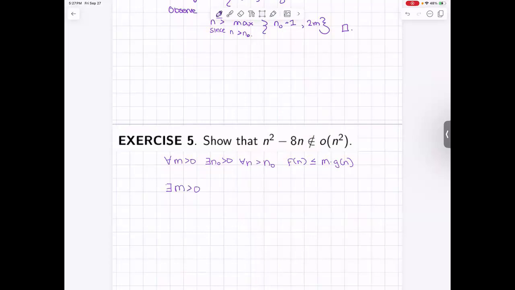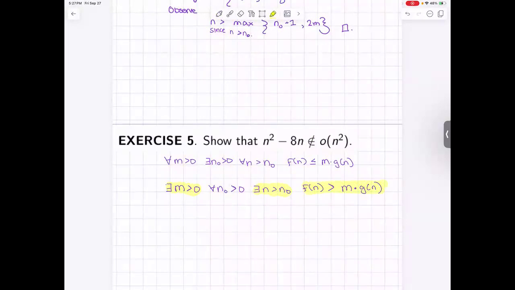So there exists an m greater than 0, that for all n naught greater than 0, there exists an n greater than n naught, where f of n needs to be strictly greater than m times g of n. So we're going to basically define an m and define an n greater than n naught, where this is going to hold true.